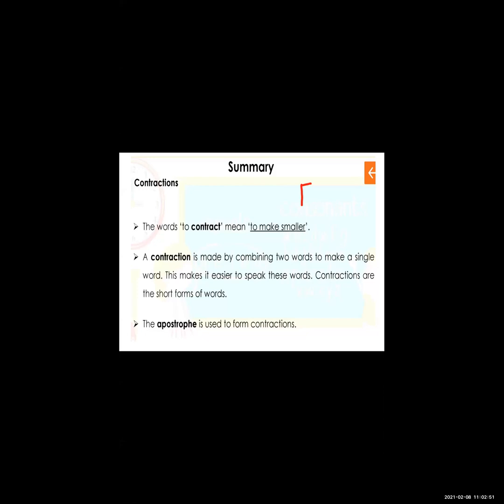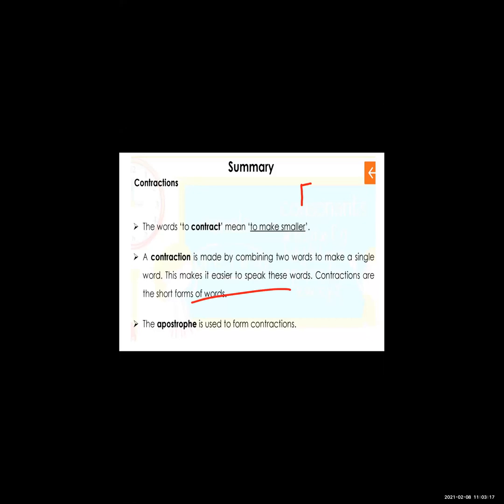Contraction means a short form of a word. And when we have to make short forms of a verb, at that time we use an apostrophe, a small comma-like symbol. We can also say it is a punctuation mark, but it is an apostrophe. The word to contract means to make smaller, and for this we use an apostrophe.